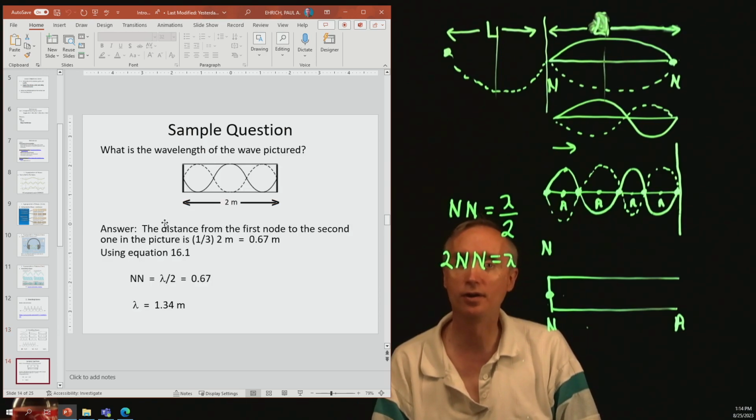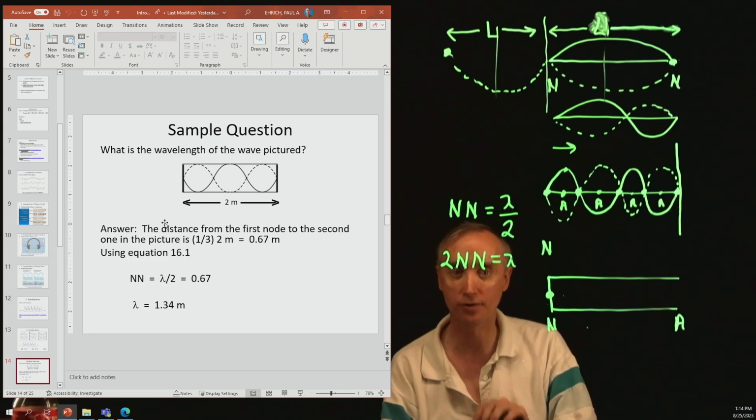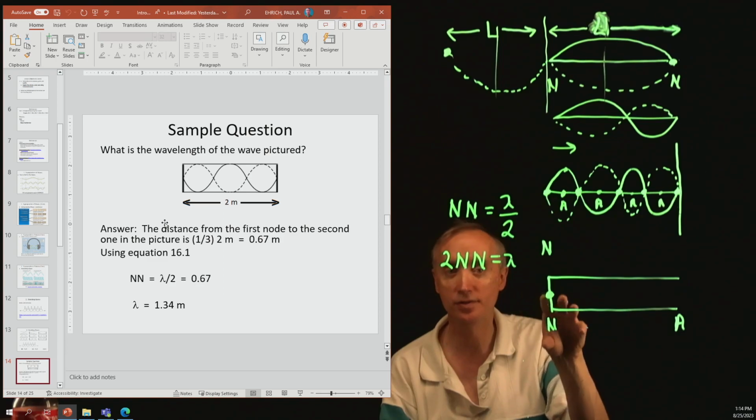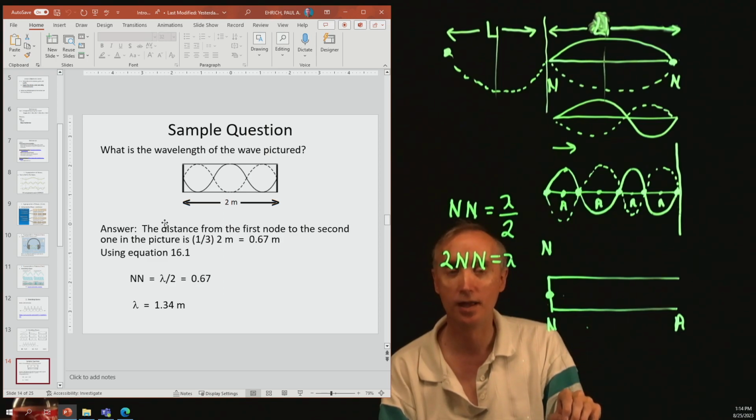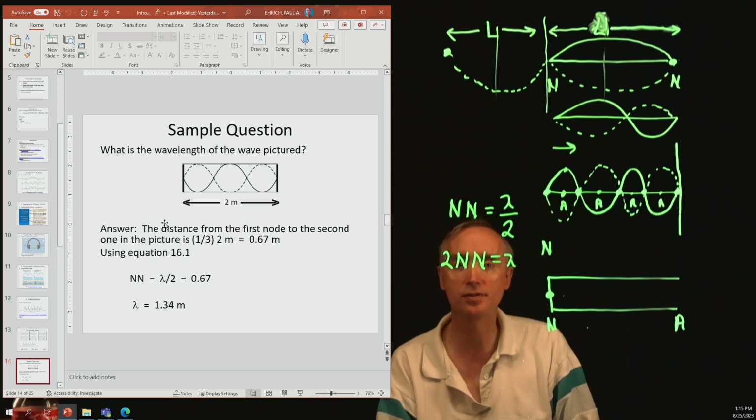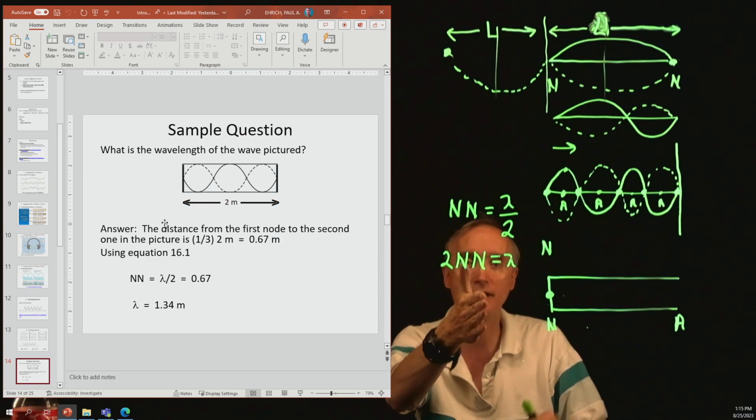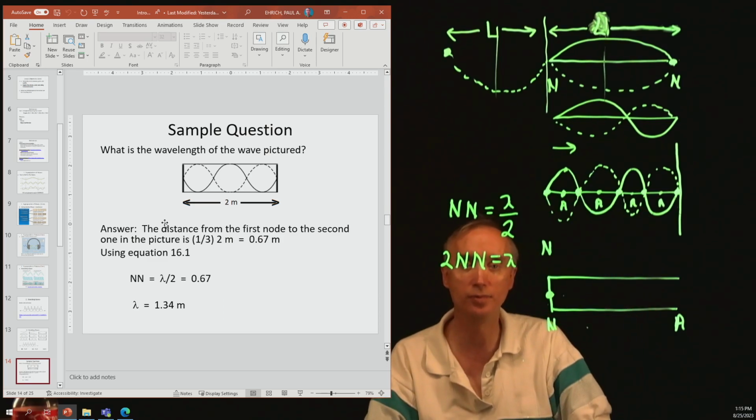All right, so here is a sample question. What is the wavelength of the wave pictured? So what do we know? You notice it's got 3 standing waves in it, and you notice that the distance from one side to the other side is 2 meters.